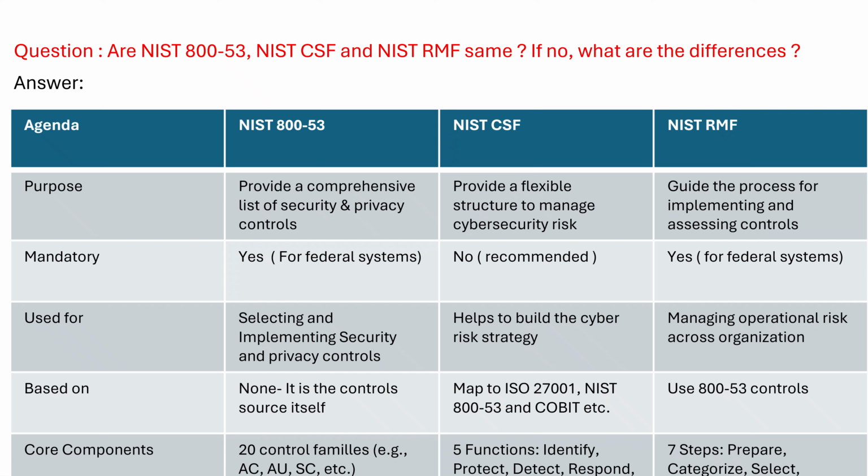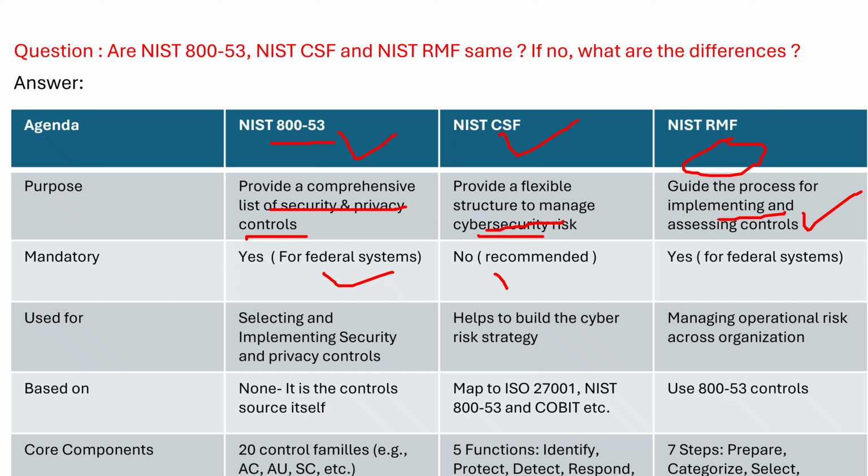So let me bifurcate all these things. 853 is dedicated to the security and privacy controls. CSF is only to manage the cyber security risk in a structured manner, and RMF belongs to implementing and assessing controls. RMF is closer to the operational point of view. According to the US federal systems, 853 is the mandated one.